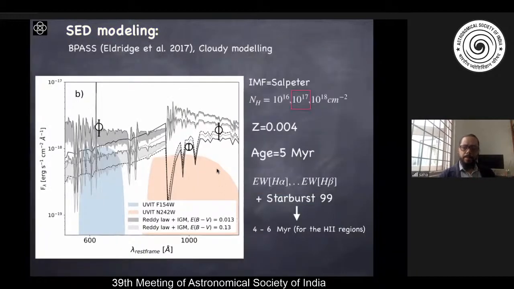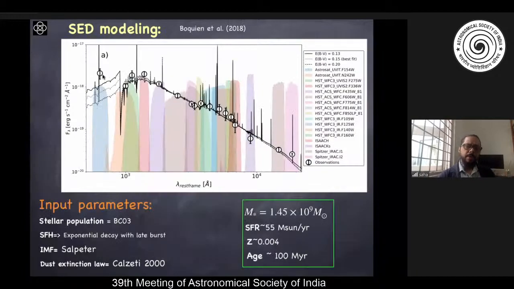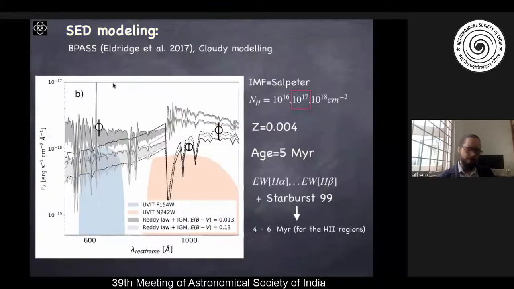But if you look at the AstroSat flux, we are not able to explain it with the normal SED modeling. So we looked at BPASS, the binary stellar population modeling, and what we found is that we need a low column density of H I and low extinction in this region to explain the AstroSat flux.